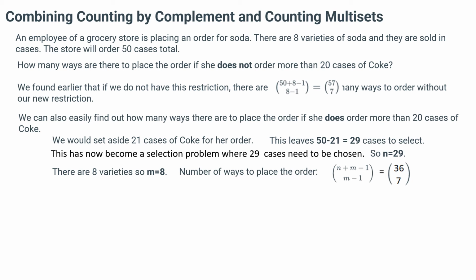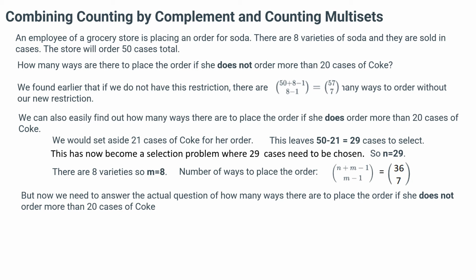So 36 choose 7. Again, you could look at it as there's 29 zeros to place and 7 ones to place. So the 29 plus 7 gives us how many digits there are, if we're looking at the code words. And then we need to place the 7 ones, so out of the possible 36 slots, we're choosing 7 of them to place the ones. So again, it comes down to 36 choose 7.